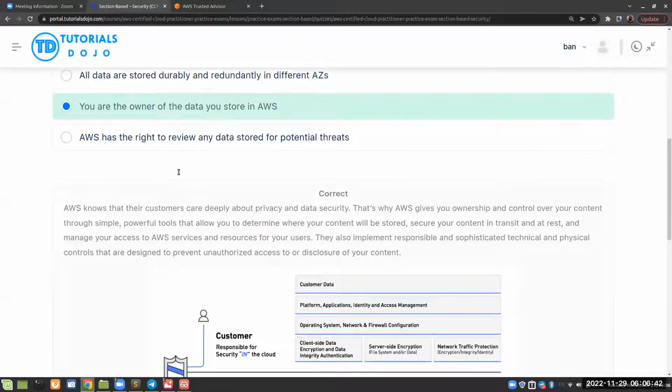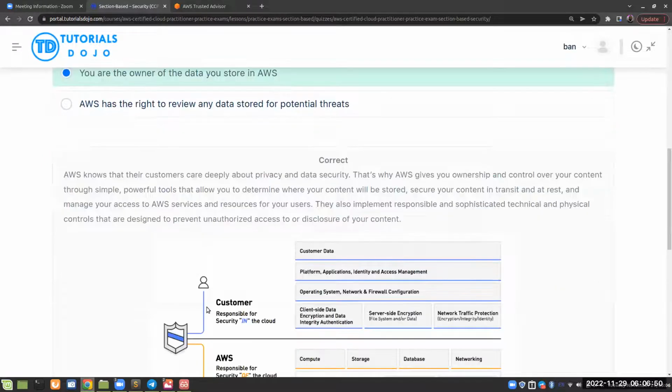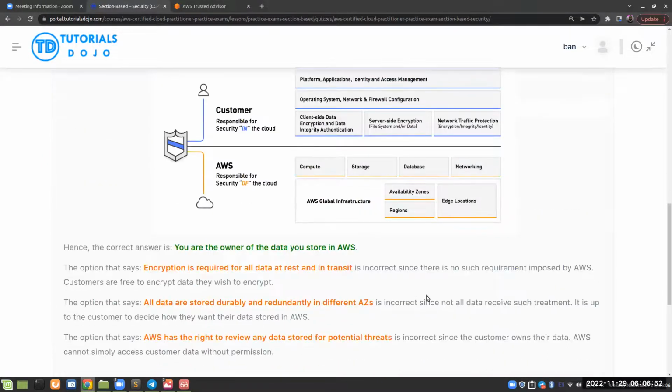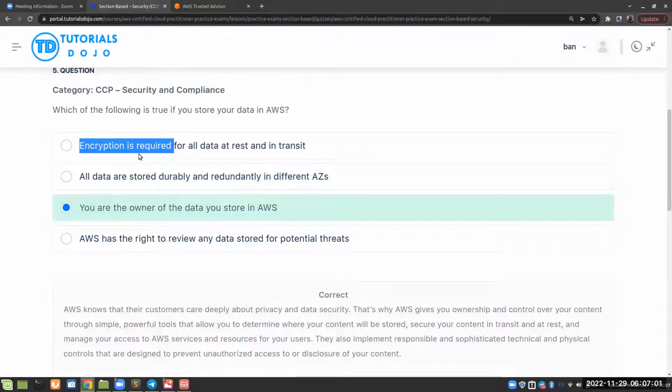This is not something you should always do. It is not a must. It's good to have, but it's not a requirement that has to be there. There's no such requirement imposed by AWS.